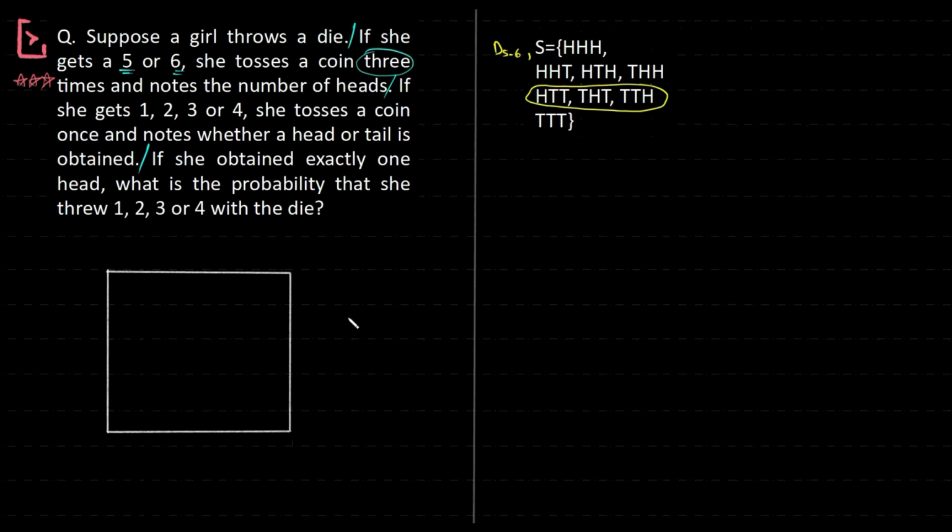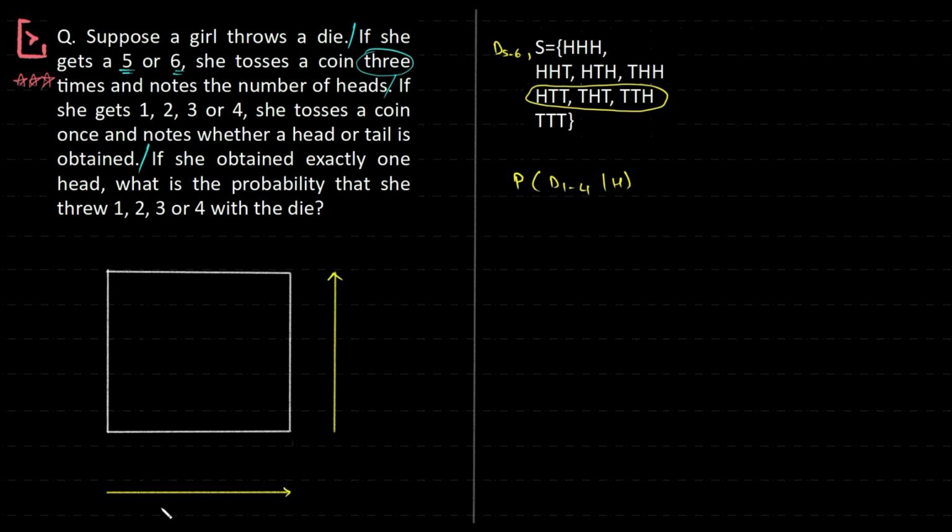So first if you understand that, now we have to figure out the probability of getting a head given that the die turned out to be 1 to 4. So along the x-axis, we have the die. That's the first thing that we are doing. Again, think sequentially. That's the first thing, and this is the second thing.